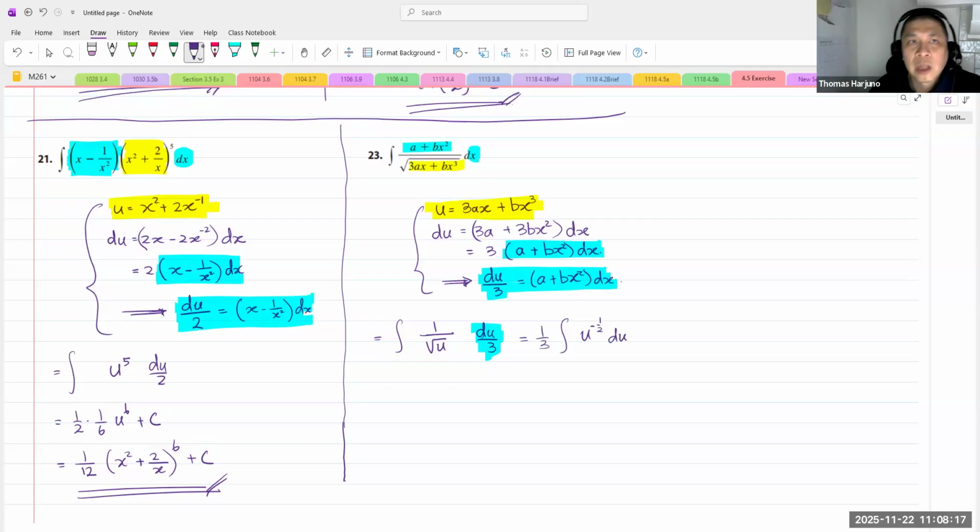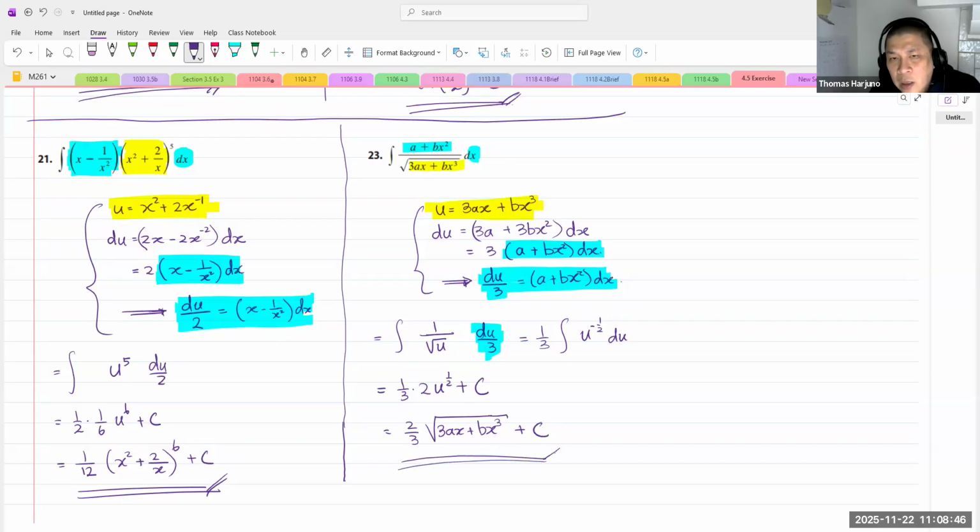It's short enough, and then it's just rewriting. I will integrate. That's 1/3 times 2u to the power of 1/2 plus constant, which is 2 over 3 square root of 3ax plus bx cubed plus constant.